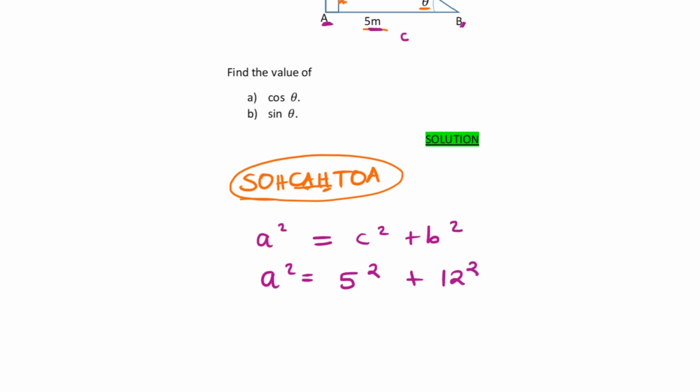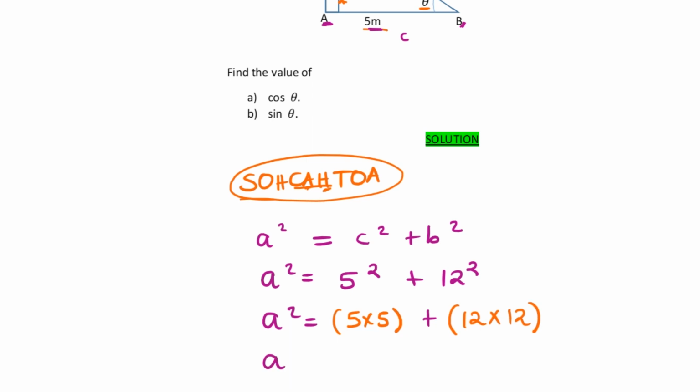We're going to have a squared is equal to 5 squared, just simply means 5 times 5, so here we can write to say 5 times 5 plus 12 squared simply means 12 times 12. Okay, from there we can proceed.